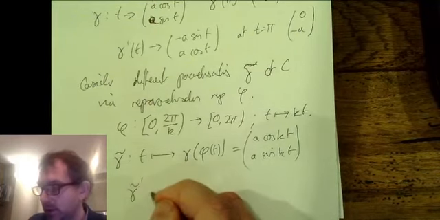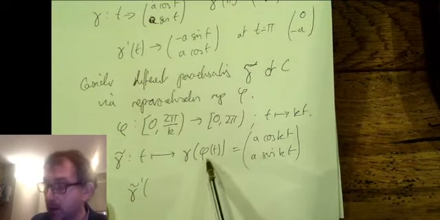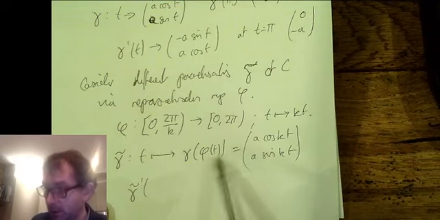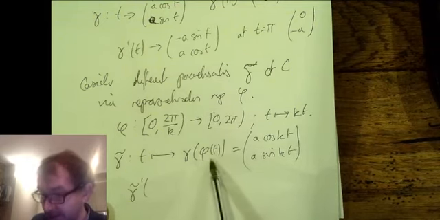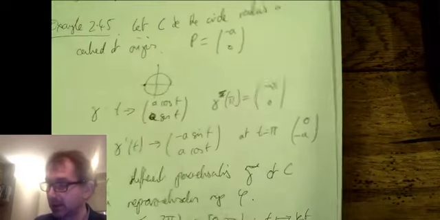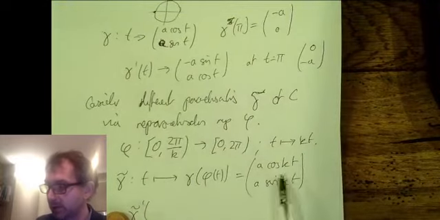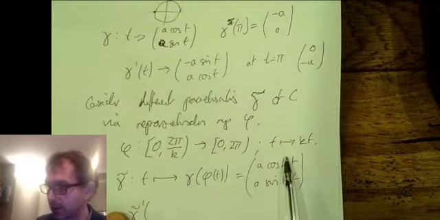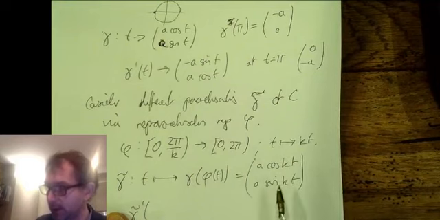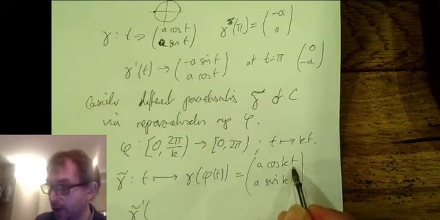So gamma tilde dash of, right, now we have to find again the same point, so we want to make sure that we still are getting the left side of the circle, so we still want to get the point (-a, 0), which means that we want to put in here pi over k.